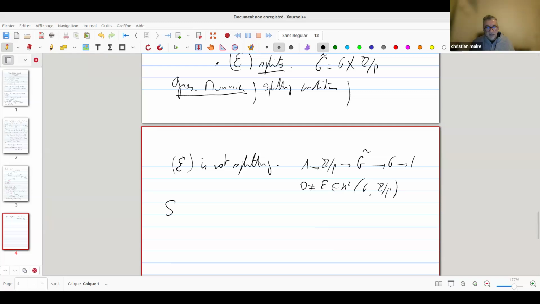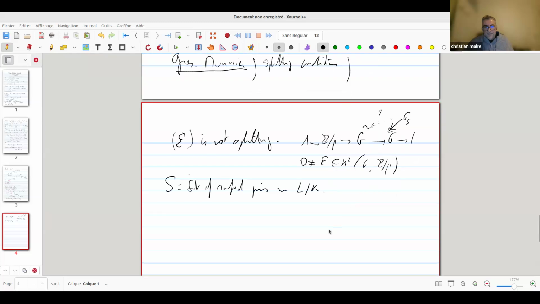Imagine that S is a set of ramified primes in my first extension, L over K. So in fact you have a map here, and the question is whether there is a map like this. Of course, maybe the set of ramification is not sufficient. Maybe we have to add some extra ramification.